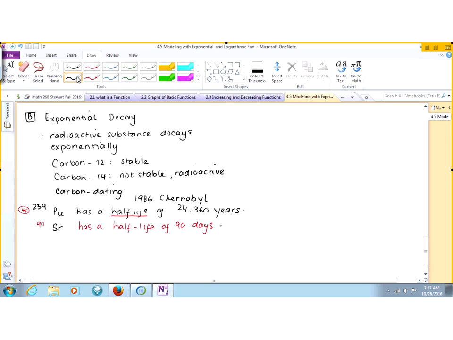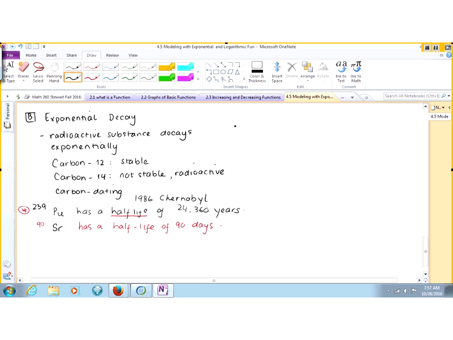Now, let's talk about the model a little bit. I really like this exponential growth and decay, that's why I talk a lot about it. But anyway, I want you to know how it's used in real life and not just learn log as log, exponential as exponential. We use it.